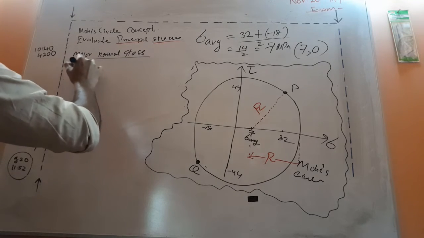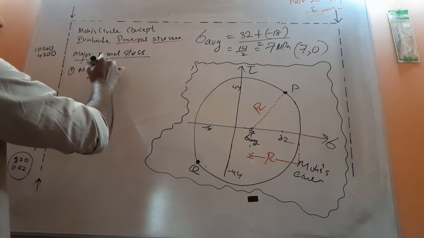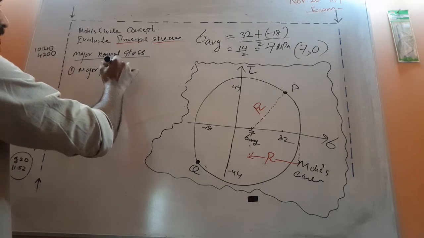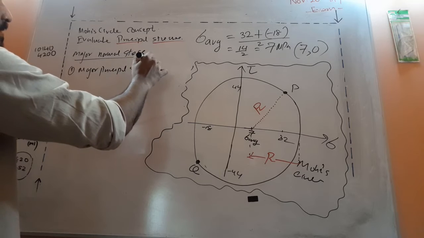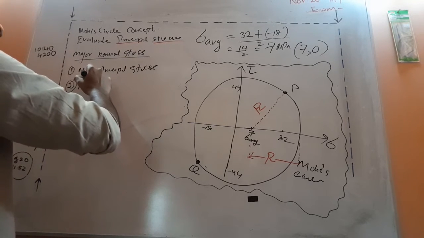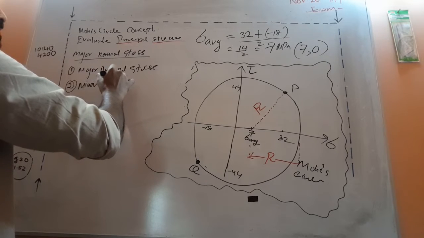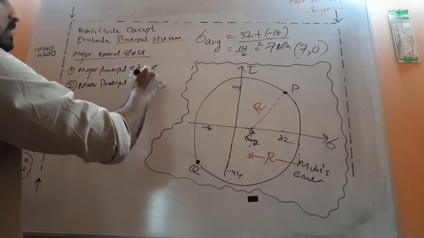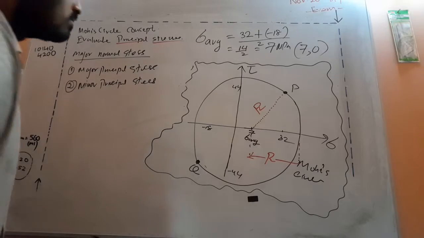One is major principal stress. Second one is the minor principal stress. It's very easy.